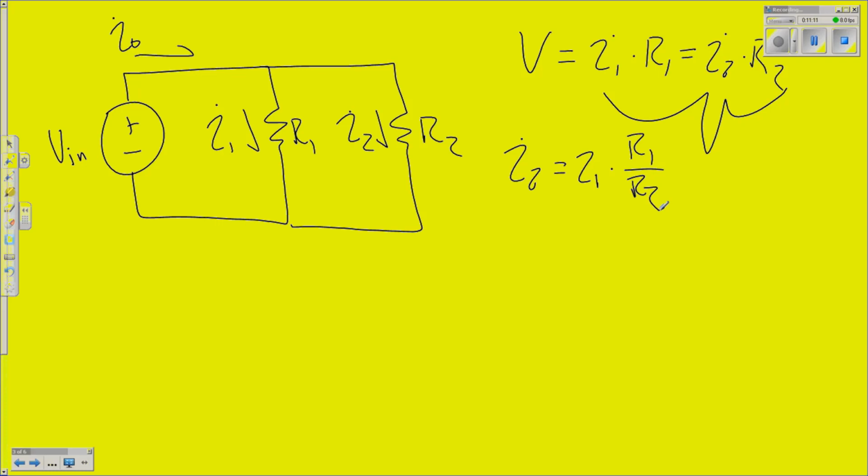And if we want 1%, we want I2 to equal 1% of I1. Well, kind of looks like we've already got this solved, right? Because this is just going to equal that.